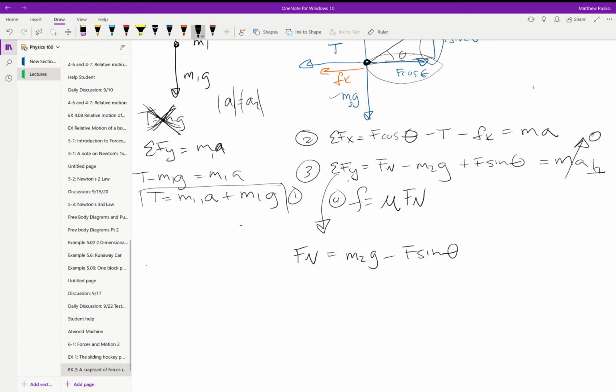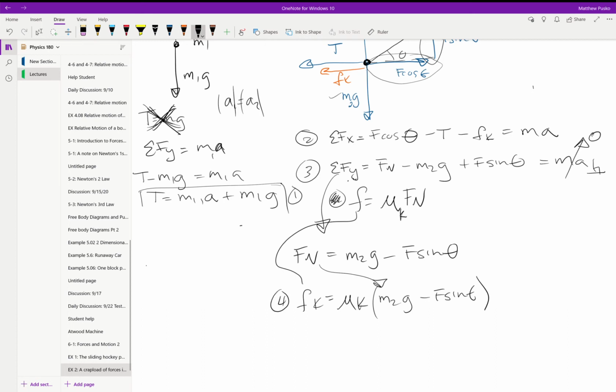If I take this frictional force, it is equal to mu k. They give us mu k. And then substitute this relationship I just came up with, m2g minus F sine theta. That is our frictional force. Let's call this equation number 4.